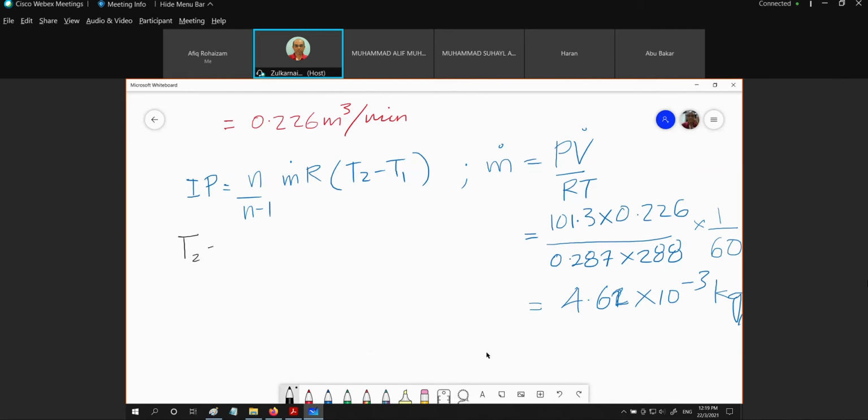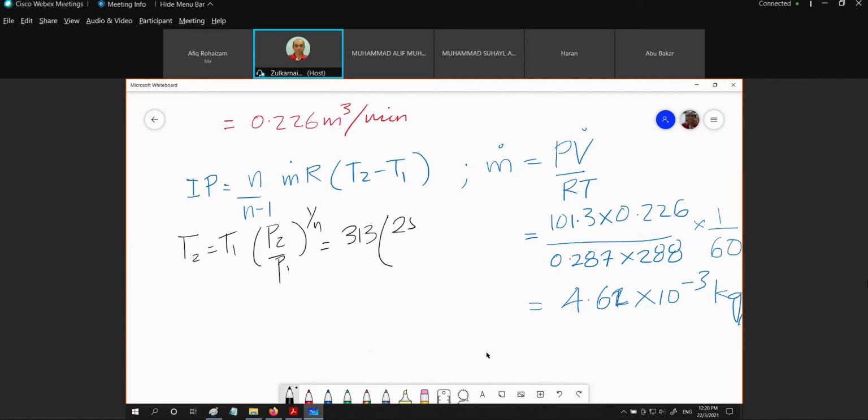The T2 is equal to T1, pressure ratio, 1 over n. T1 kita sekarang ni adalah 313, bukan 288 lagi tau. Tadi sebab sama, tapi sekarang ni the beginning of the compression process is begin at 313.